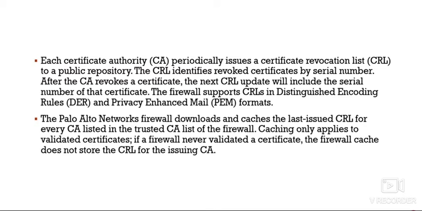The Palo Alto Networks firewall downloads and caches the last issued CRL for every CA listed in the trusted CA list of the firewall. Caching only applies to validated certificates. If a firewall never validates certificates, the firewall cache does not store the CRL for the issuing CA.